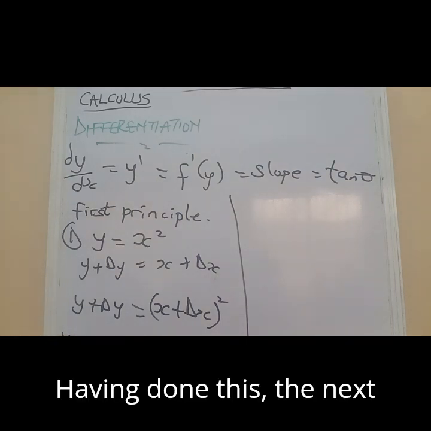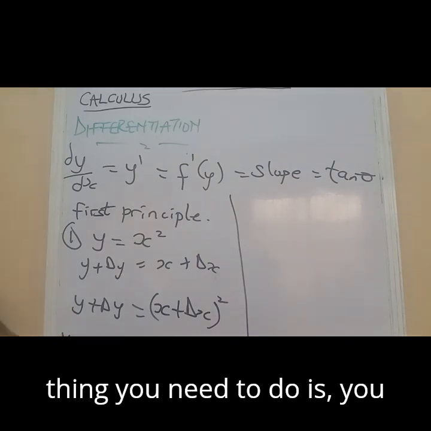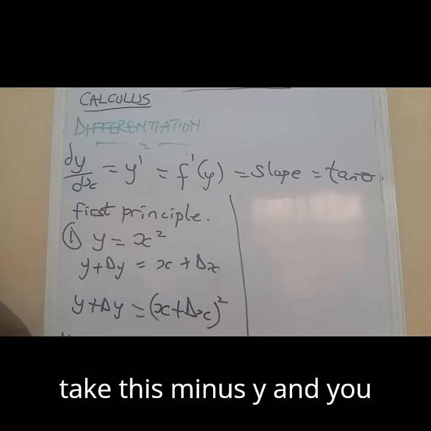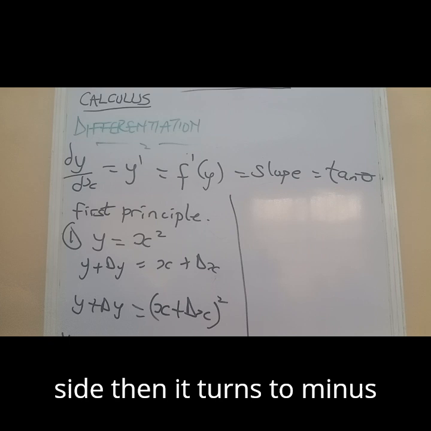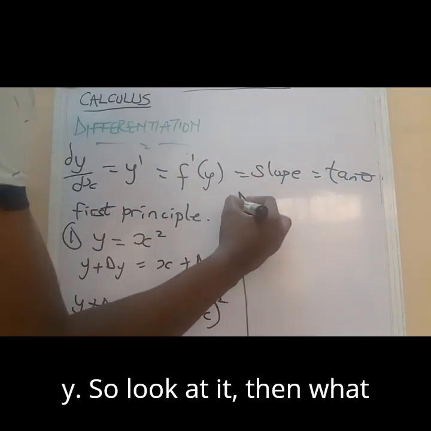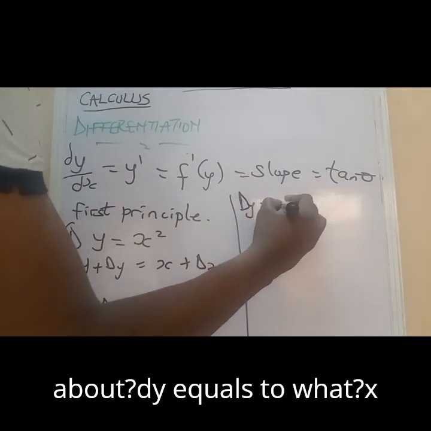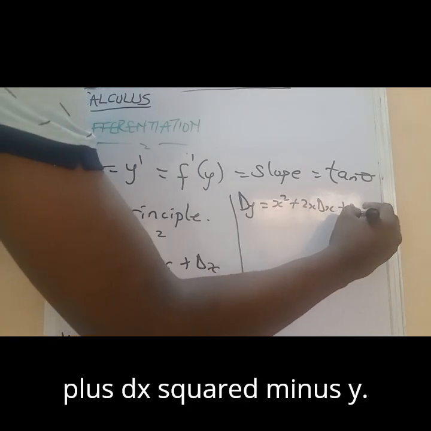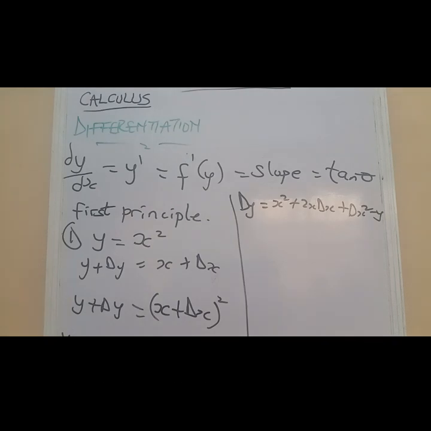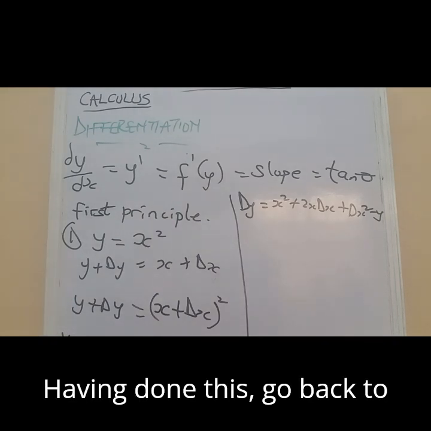Having done this, the next thing you need to do is you take this y towards the other side, then it turns to minus y. So look at it. Then we have dy equals x squared plus 2x dx plus dx squared minus y. Having done this, go back to your question.